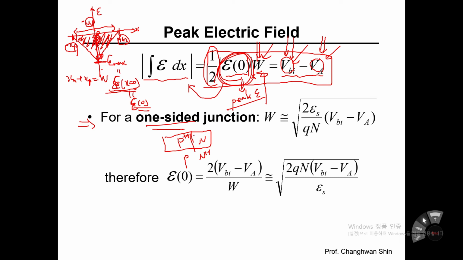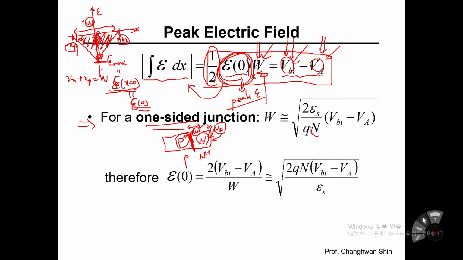And as I have mentioned previously, the total depletion layer width is very dependent on the lightly doped side. So in this one-sided PN diode, the N side is lightly doped, so the depletion width is very dependent on the donor concentration in the N side.